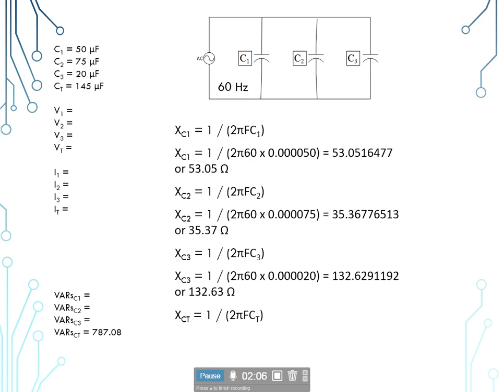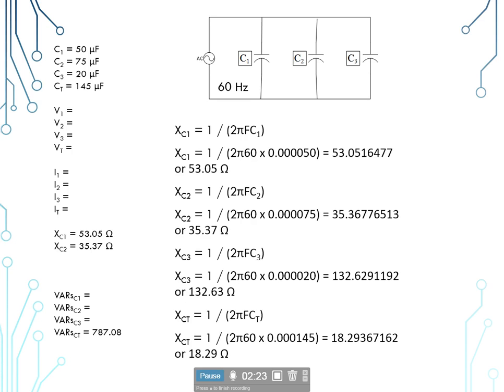X sub CT is equal to 1 divided by 2 pi times our frequency of 60 times our total capacitance of 145 microfarads, giving us 18.29 ohms for the total circuit reactance, capacitive reactance.